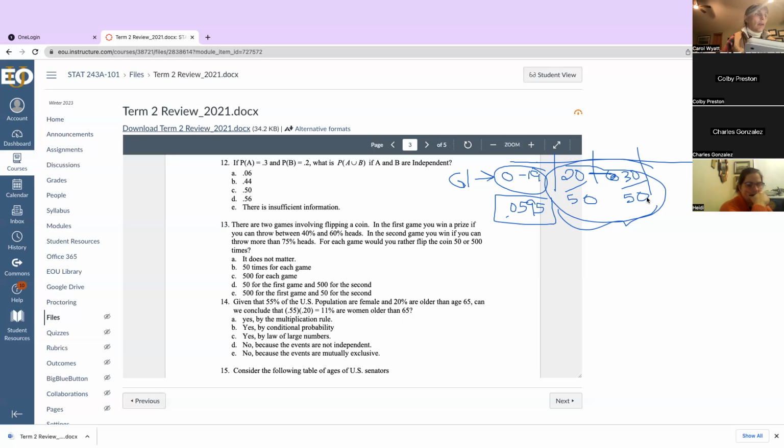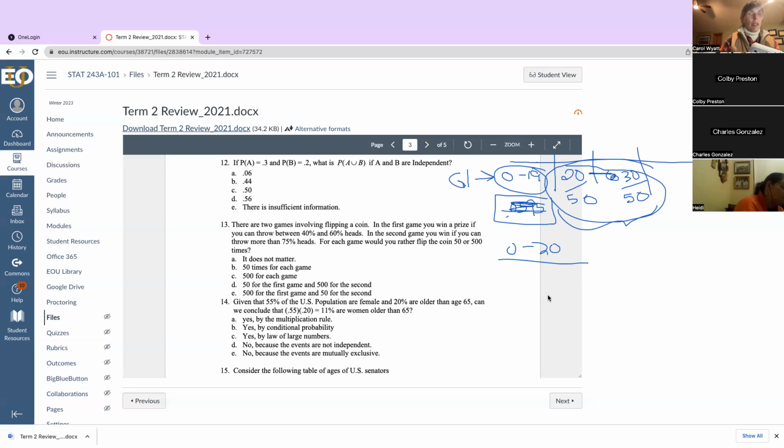So I'm going to do binomial CDF. Trials 50, 0.5, X value 20, paste. Actually it changes my probability of losing on the bottom from 0 to 20.